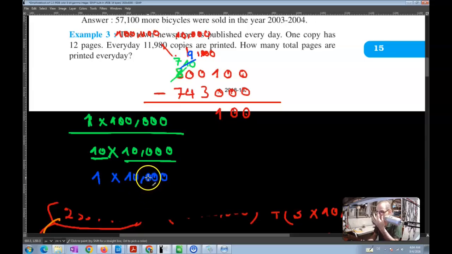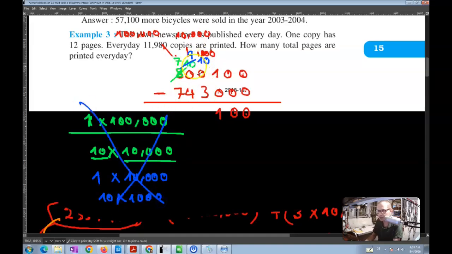One group of 10,000 is 10 groups of 1,000, right? 10 times 1,000 is 10,000, and this is the thousands place value. So I put a 10 over here, which means I now have 10 groups of thousands.